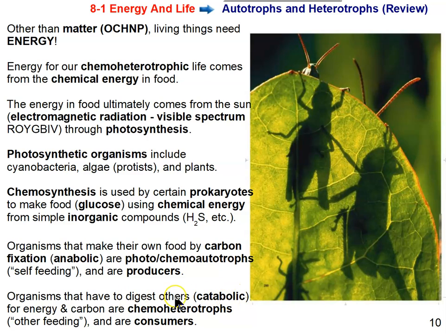So we and other consumers digest other organisms for energy and carbon, so that makes us chemoheterotrophs, other feeding, and our consumers. So that's a rundown of all the terminology involved, and I hope you feel comfortable with it.